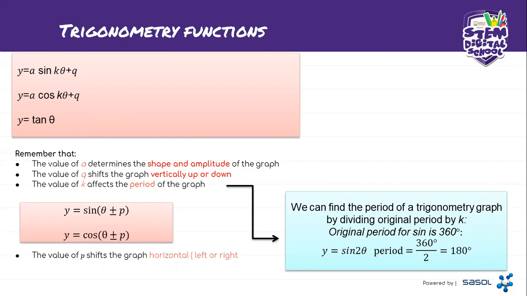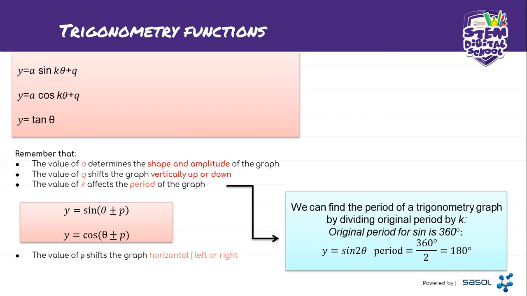Remember the value of A: the coefficient of this sine and the coefficient of this cos determines the shape of the graph as well as the amplitude of the graph. And remember, what is the amplitude of the graph?